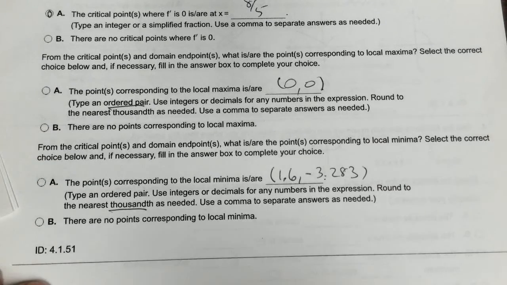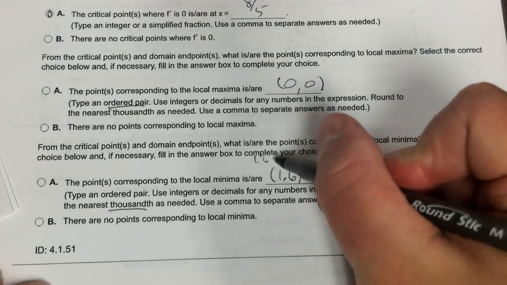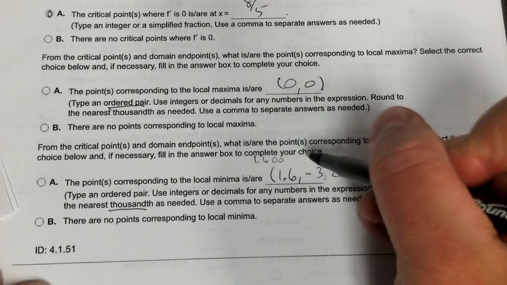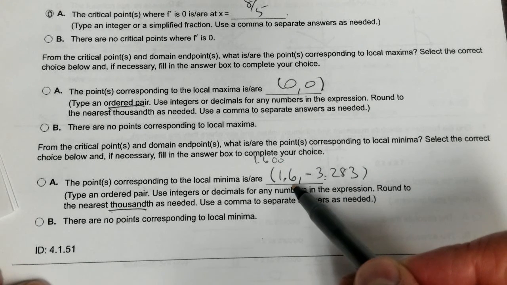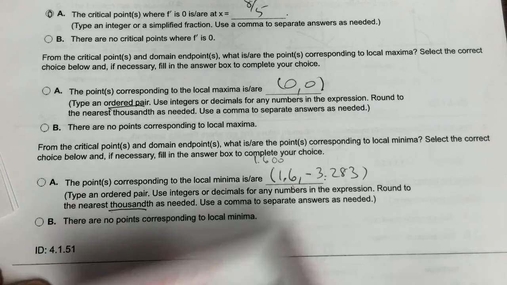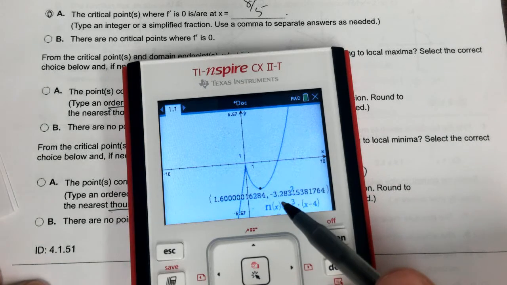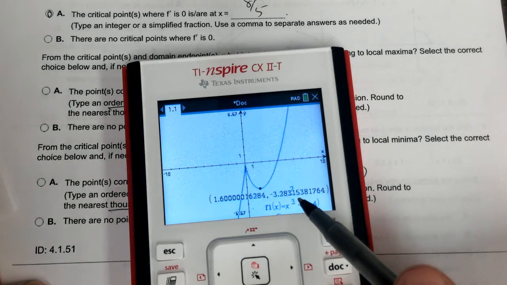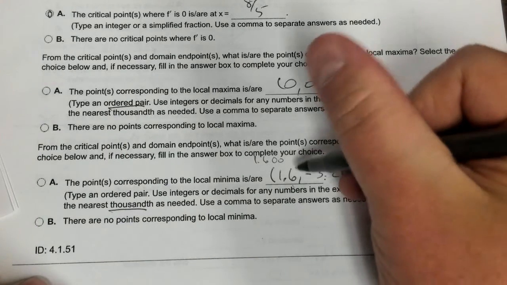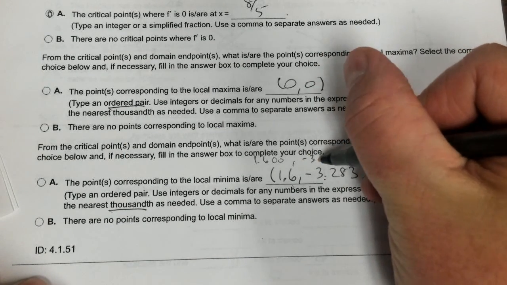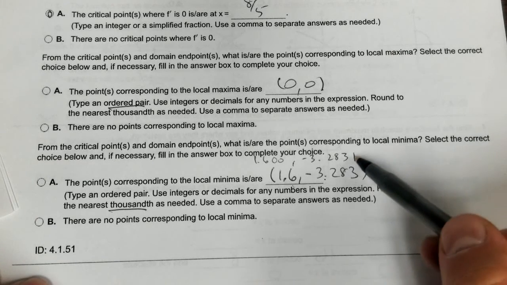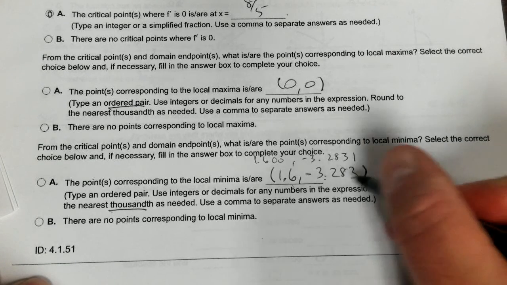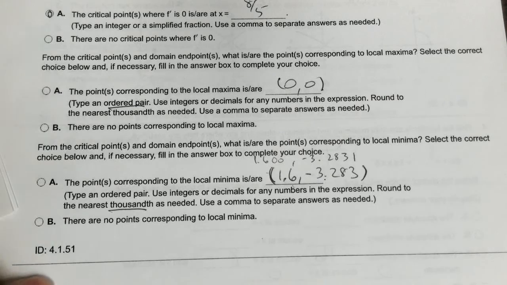So basically it was like 1.600 and so forth. So we don't write those extra zeros, we just put 1.6 and then negative 3.2831. And so based on the 1, we round down. So that's your answer.